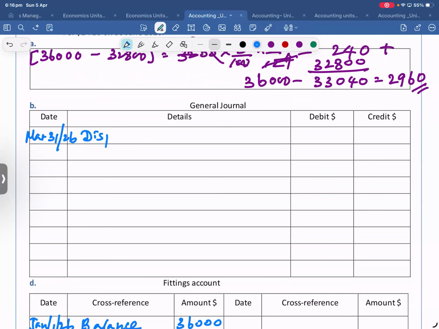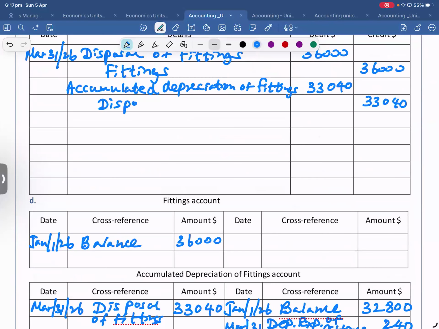What's the next entry? Accumulated, you are debiting $33,040. Disposal of fittings.